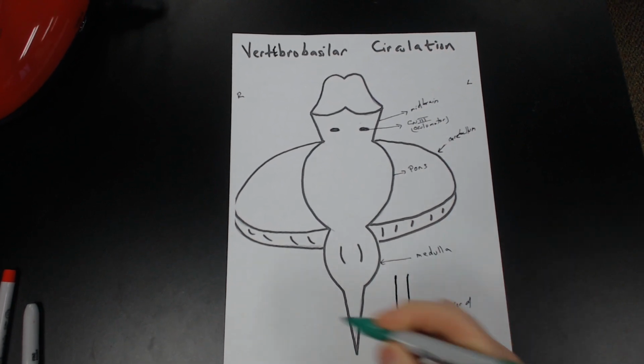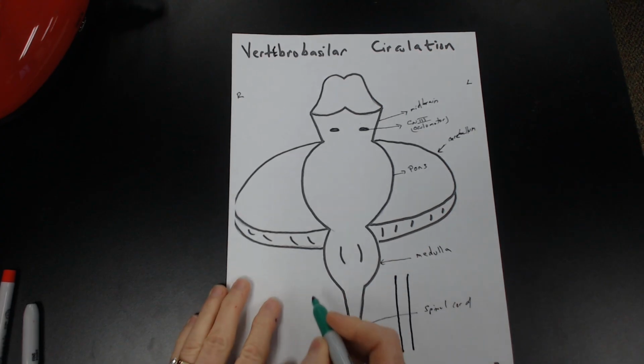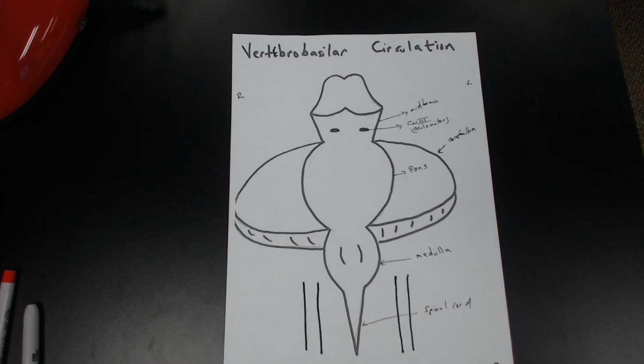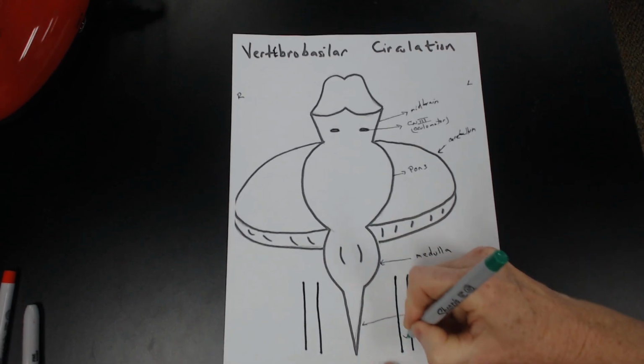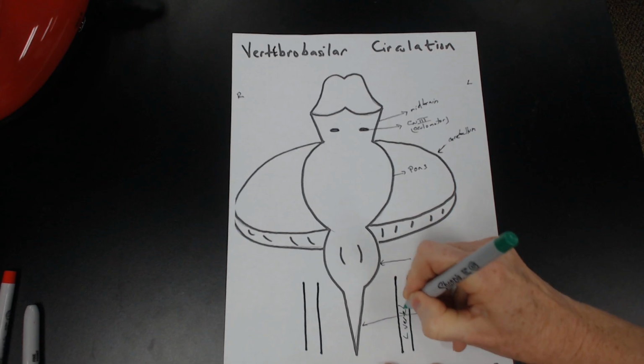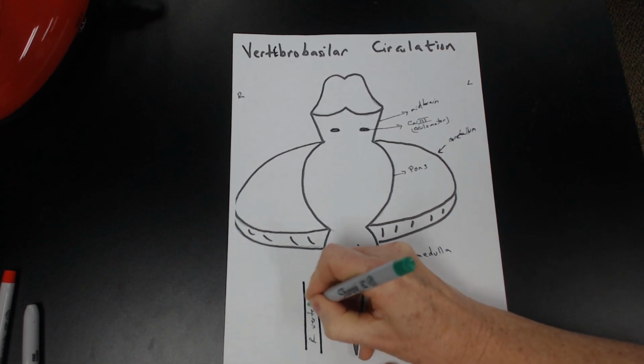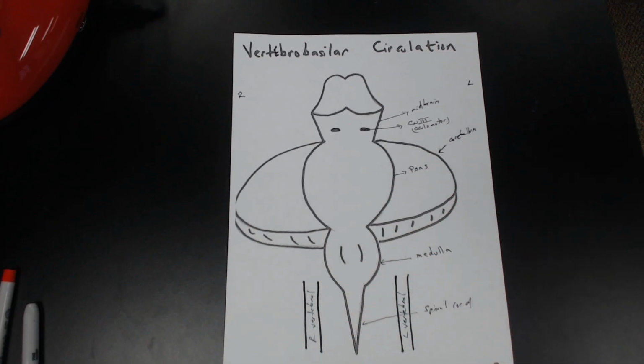And then here's my right vertebral artery. It's coming up. Left vertebral and right vertebral. So this is just a continuation of where we were just a minute ago. I've just drawn those vertebral arteries coming straight up.